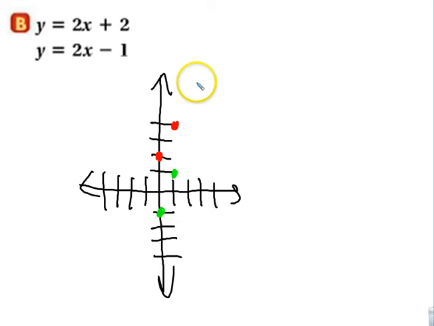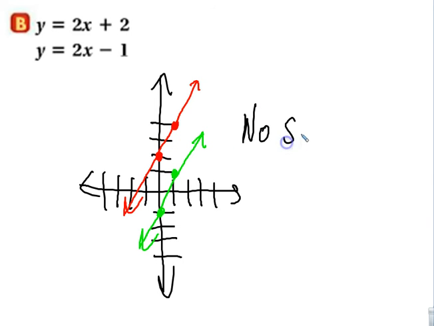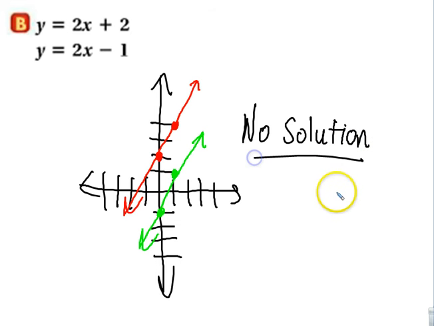So this line looks something like this, and this line looks something like this. Oh, look at that. They're parallel. So this one says they never cross, and we would write no solution. Two lines that never cross never have an answer.